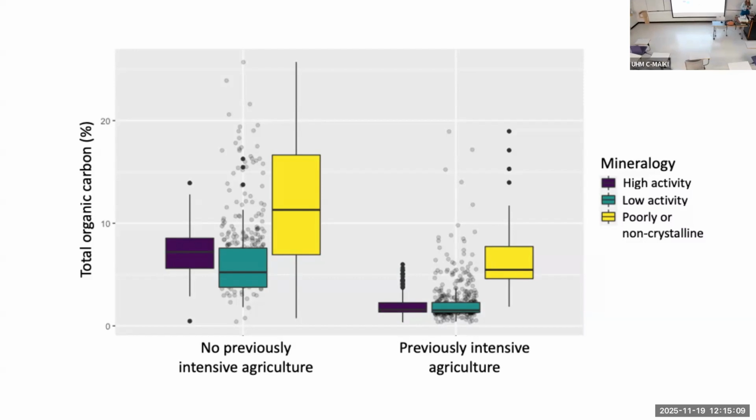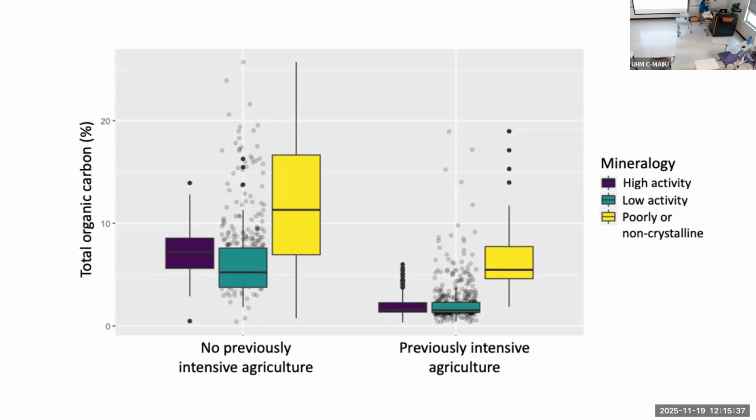And so basically, they're giving us a framework or context for interpreting the results. You can see here, I'm showing you total organic carbon and the differences. You can see the impact that intensive agriculture, most of these sites have had over 50 years of intensive agricultural land use. And then you can also see the differences between soil classes.